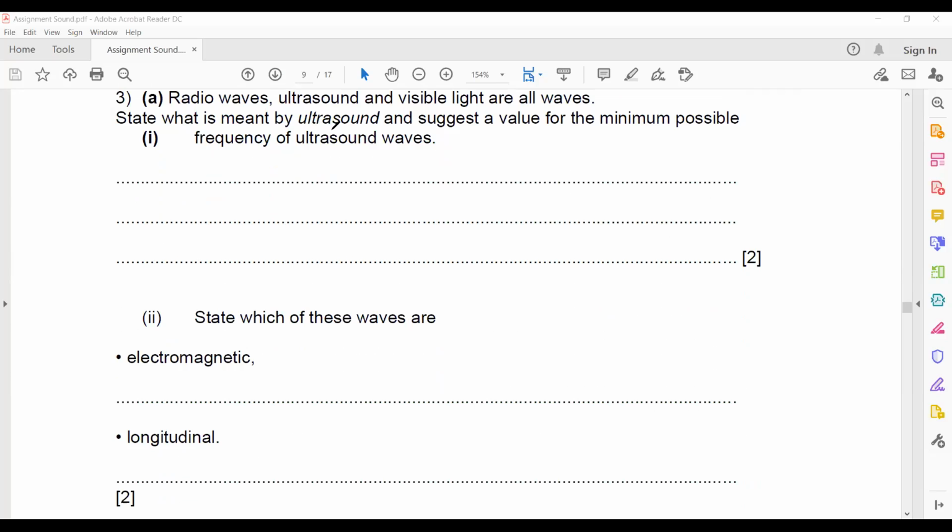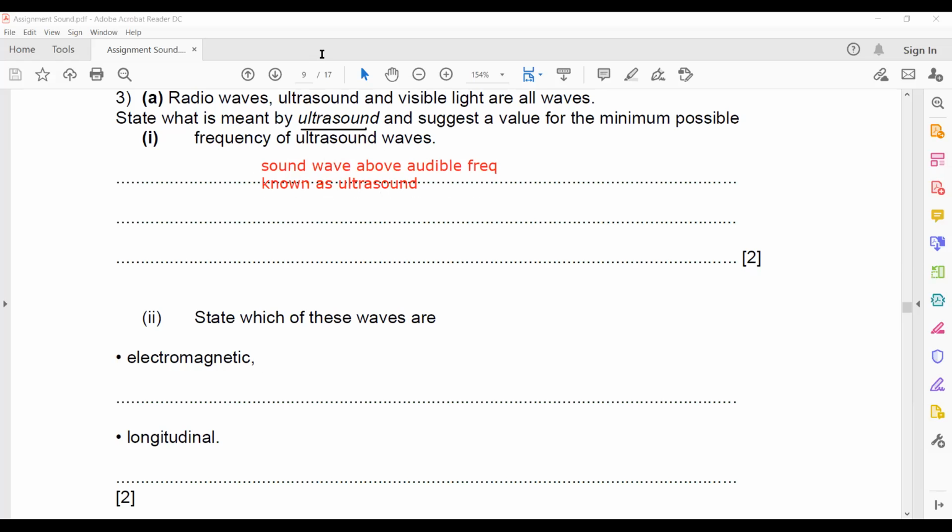What is meant by ultrasound? Ultrasound is sound which has a frequency more than 20,000 hertz. The audible range is from 20 to 20,000 hertz, which we are able to detect, but sound which is above the audible frequency is known as ultrasound.